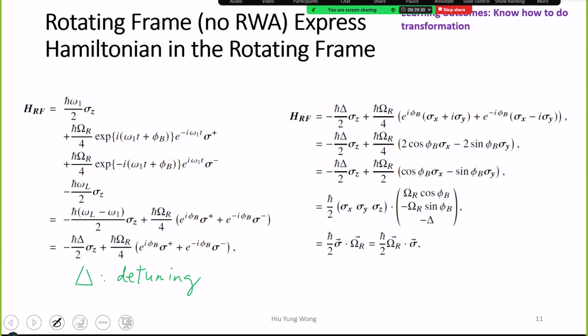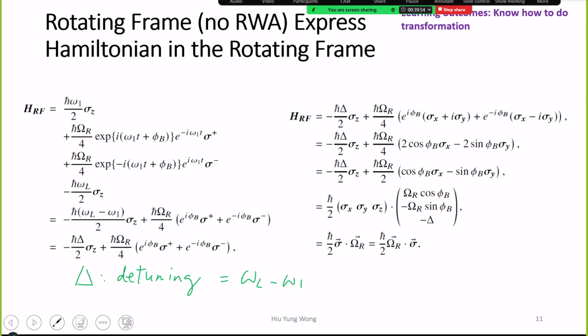Remember the detuning we did in the linear oscillating magnetic field? It was the frequency difference between omega 1, how fast the angular frequency oscillates, compared to normal precession. Here the detuning is what? It is the difference between the normal precession frequency and the rotating magnetic field frequency.